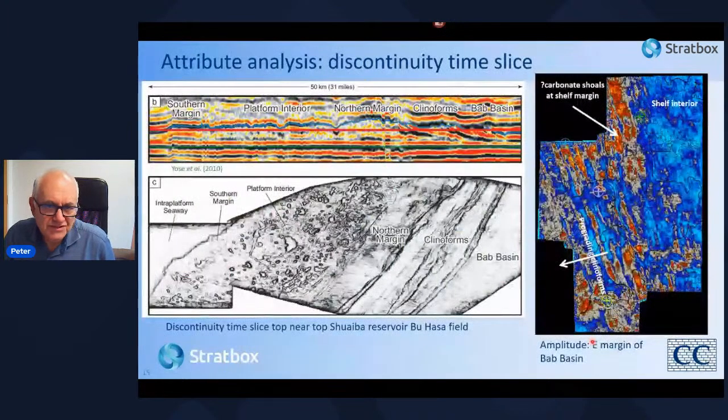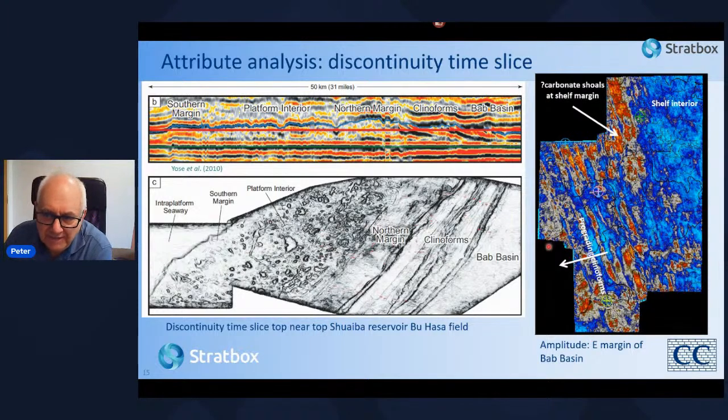Now, I want to show you something about how spectacular these clinoforms are. This is a time slice mapping near the top Shuaiba reservoir of the Bu Hasa field in UAE, and it represents this red line through here. And we can see all the different facies in the components in the carbonate system.